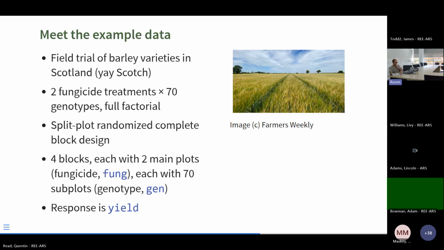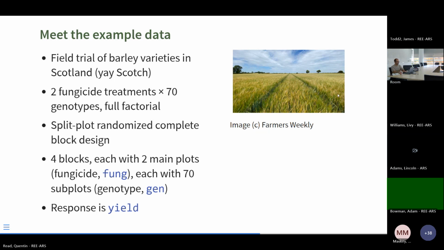So we have full factorial, 70 genotypes by 2 treatments, basically 140 plots in every block. And this is a split plot, randomized, complete block design. Within each block, which has 140 plots, the plots are split in half, and half of them, which has all the genotypes represented, got fungicide and half did not. And there's 4 blocks.